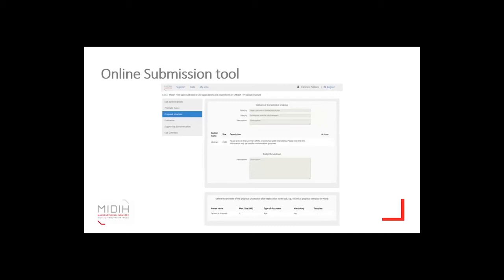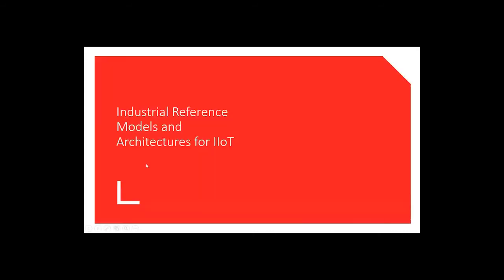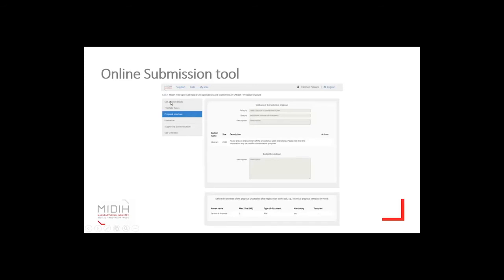You are required to give a short abstract, keep in mind that this is public, and then upload your PDF file, and also make an abstract of the budget. One thing is that you can submit before the call closes, not only once but more than once.